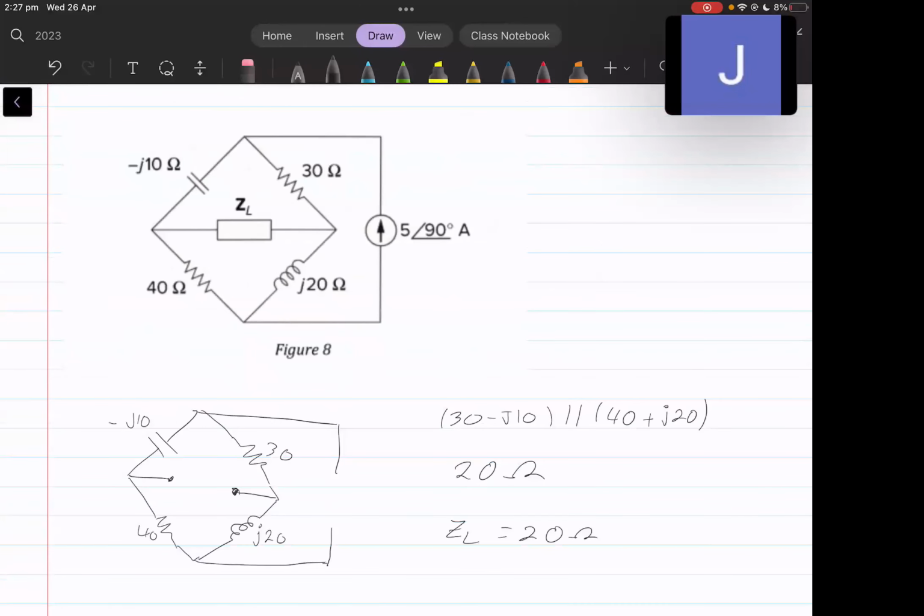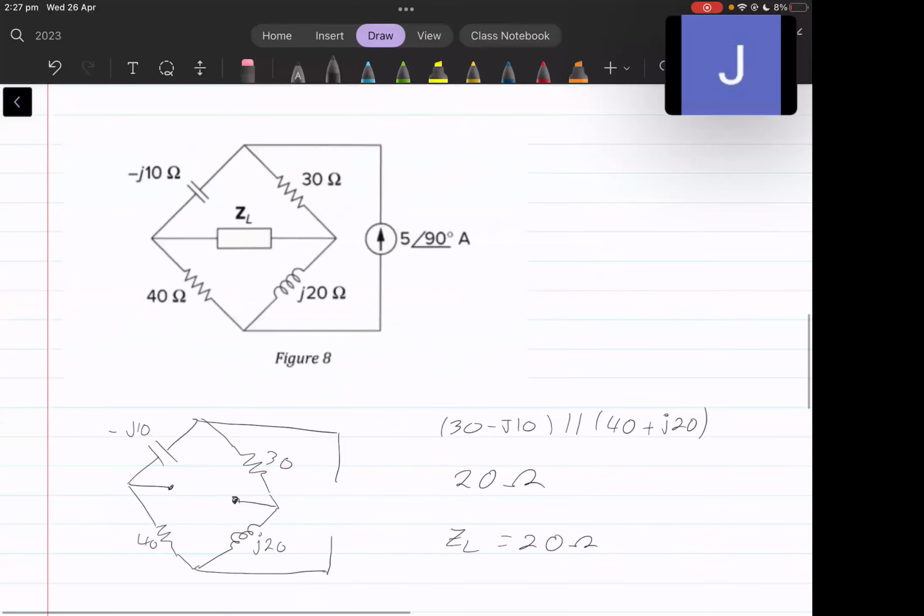Then the next part of this question is going to be working out what the Thevenin voltage is. So how do we calculate the Thevenin voltage?